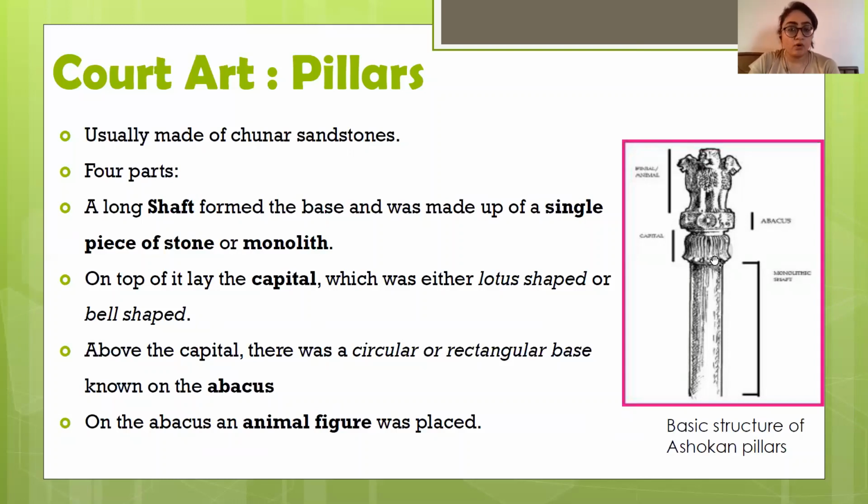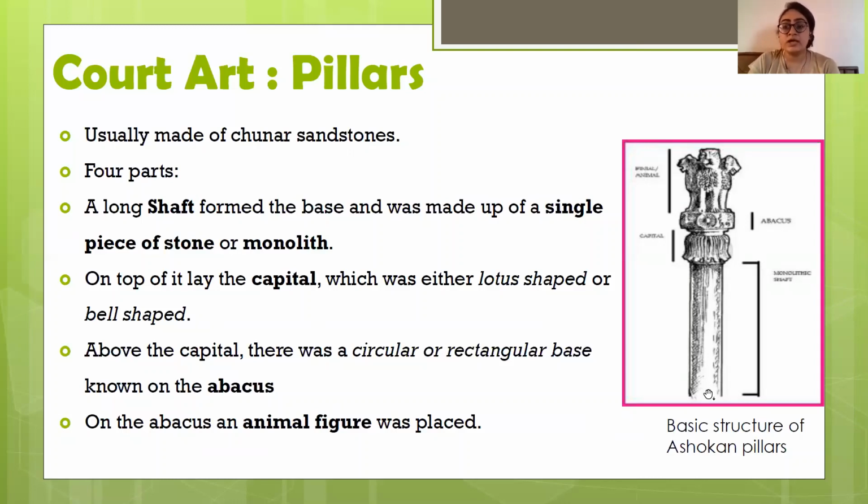Then upon the capital, there is the abacus, which is circular. And then upon the abacus, one animal figure is placed. So this is the pillar structure of Mauryan times.